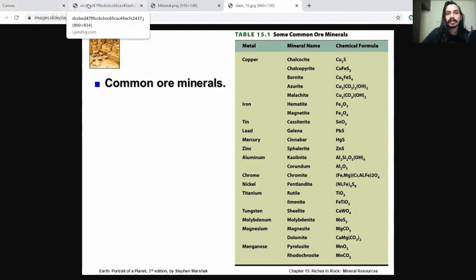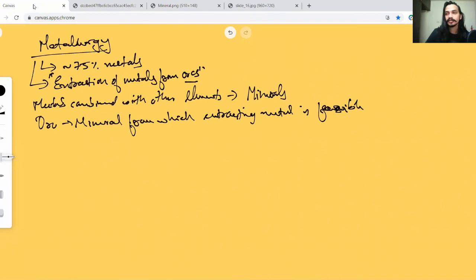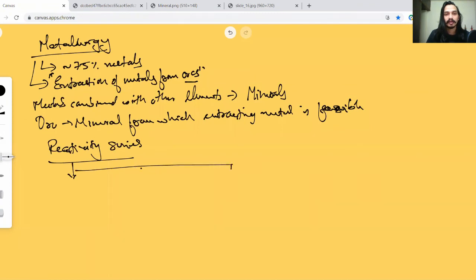So depending on how they react with others, there is something called the reactivity series. Now, reactivity series is nothing but, since all metals are different, some of them are more reactive, some of them are less reactive. So you'll find some metals are highly reactive, some are moderate, and some are low.